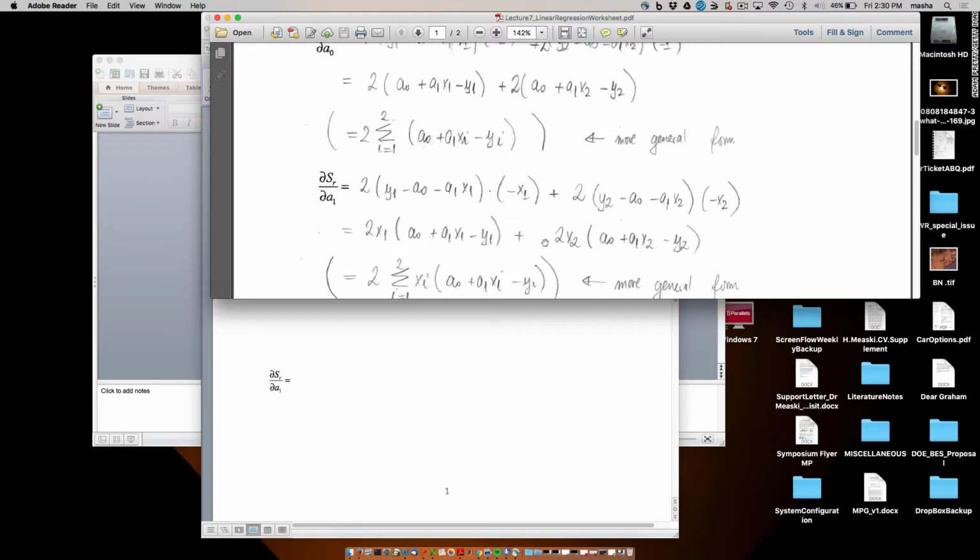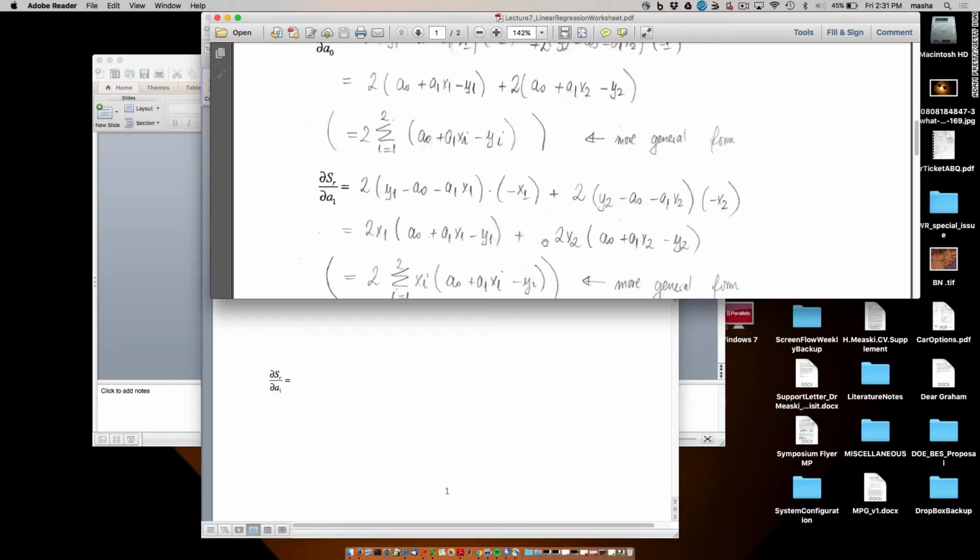Yes? What is plus 2? Because I have minus x1 here, and then I threw in minus inside. When I'm taking a partial derivative with respect to something, that something is treated as a variable and everything else as fixed.